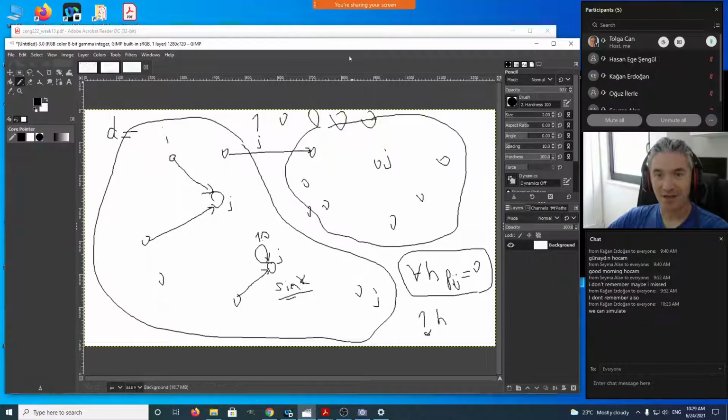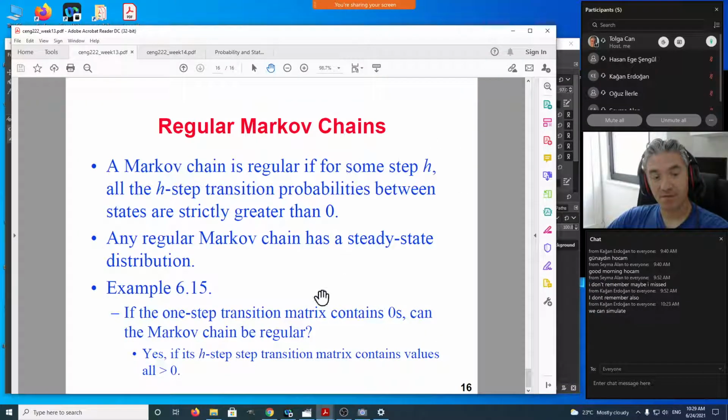So this is something that is not written in the book, but I just wanted to bring it up as a discussion. The book just says if there exists some H for which the H-step transition probabilities are all greater than 0, then it's regular.